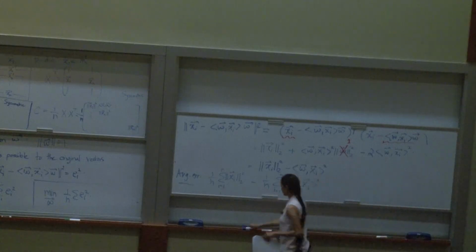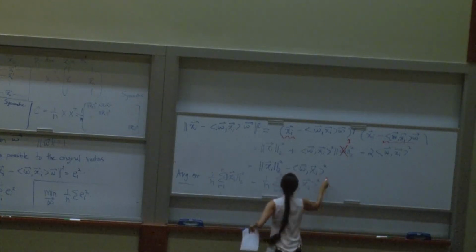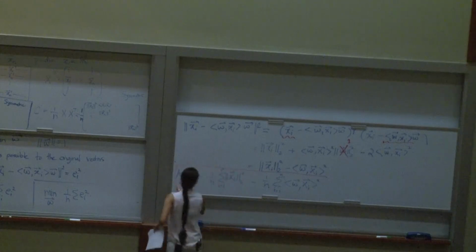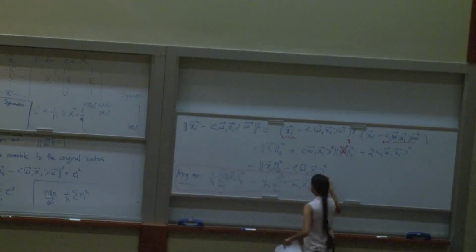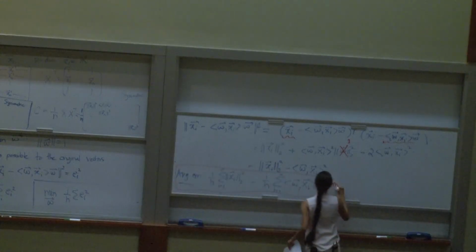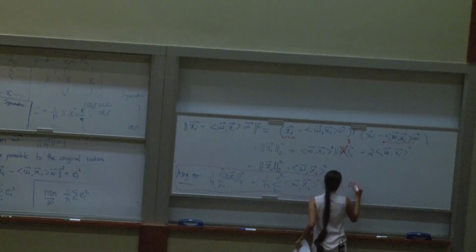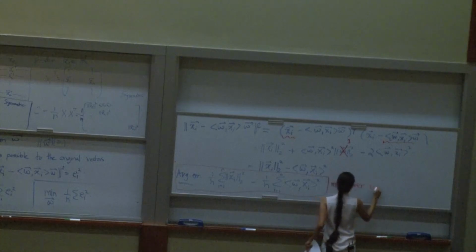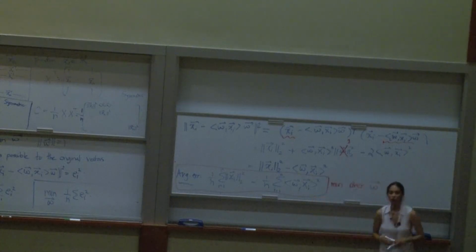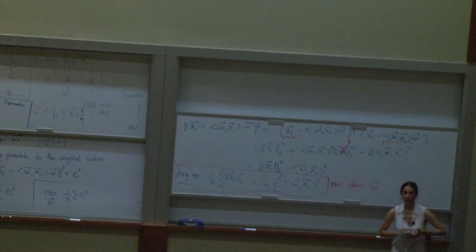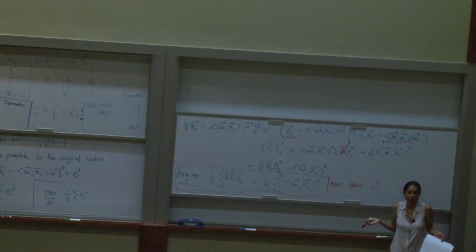Now, if I'm minimizing this thing, minimize over w. Which term do I not care about, given that I'm minimizing over w? What term doesn't matter, is not affected by w?